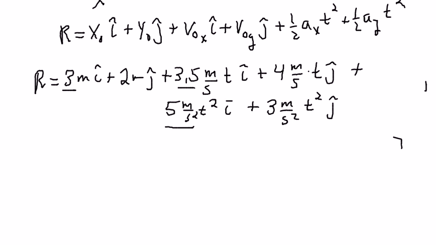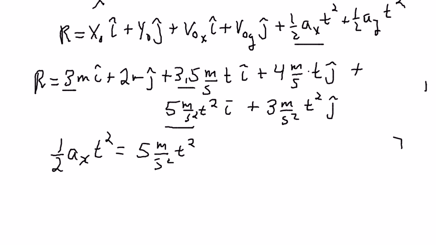That is related to the acceleration. Going back up and looking at what we wrote, 1/2 a in the x direction t squared is in this case 5 meters per second squared t squared.